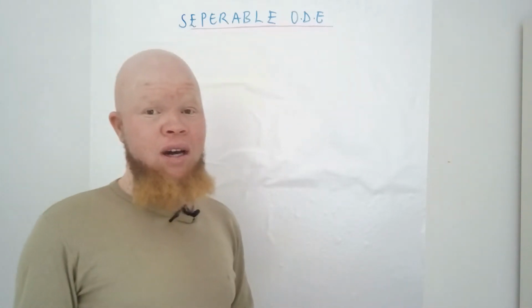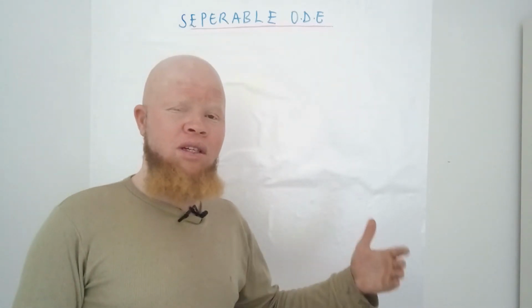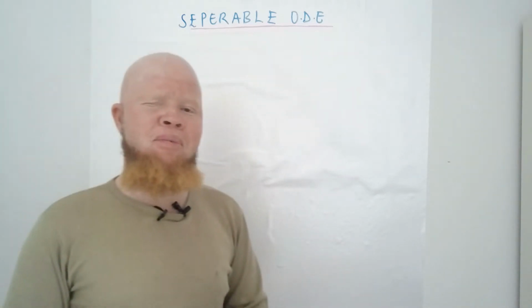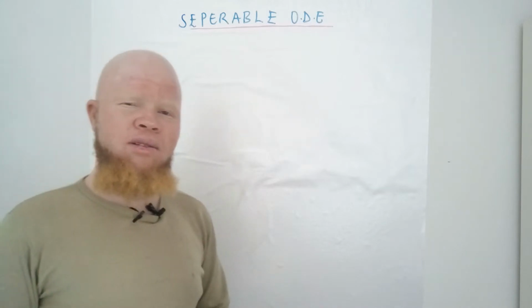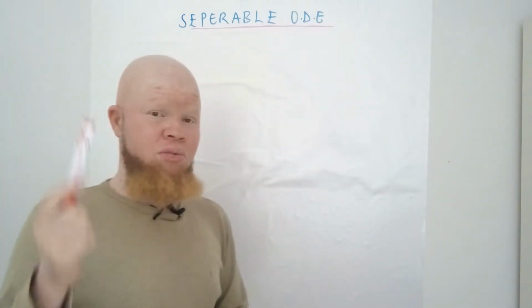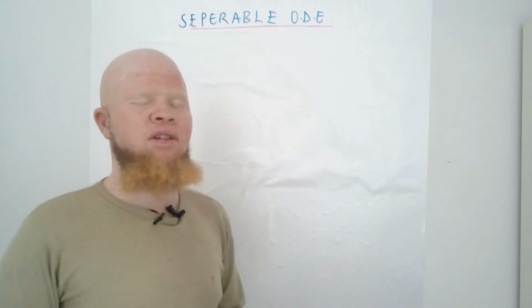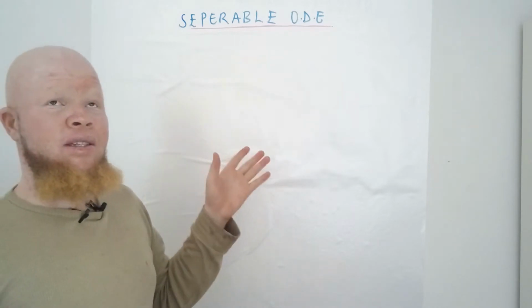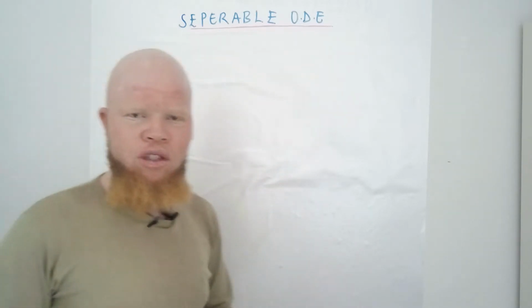For the first order part, we have some types of first order differential equations. First order means that the highest derivative in the equation is just the first derivative. So now the first class is separable differential equations.